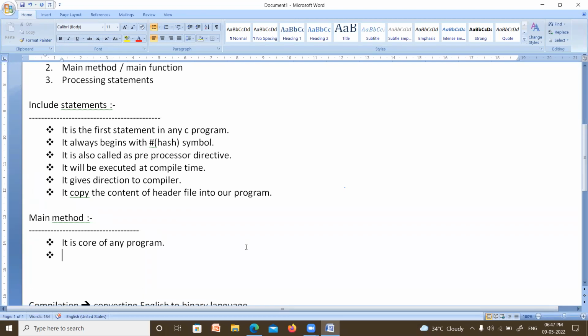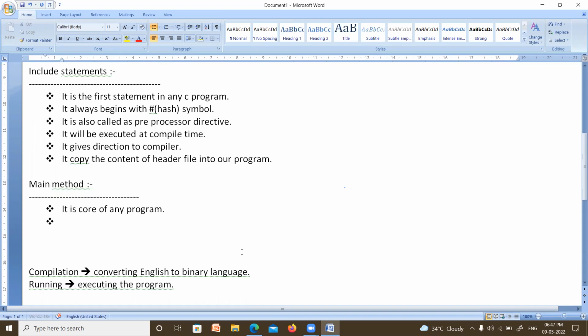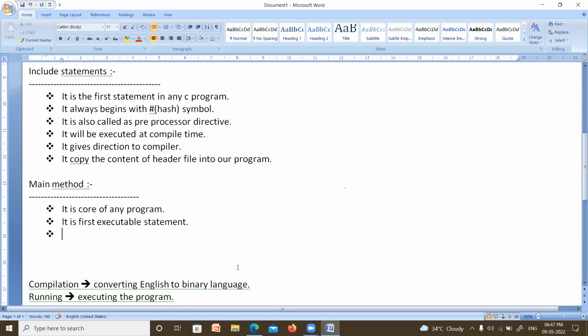The main method is there in the C language, in C++, and in Java. In so many programming languages, a program always starts its execution from main. So it is called the first executable statement.